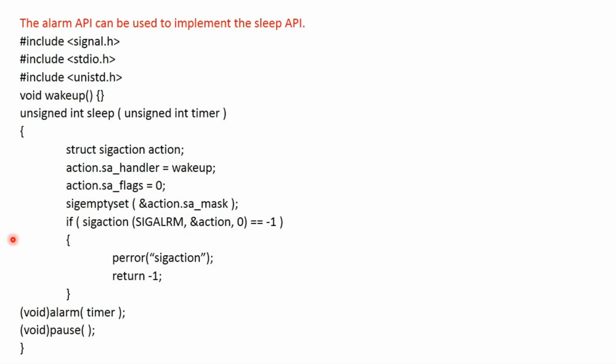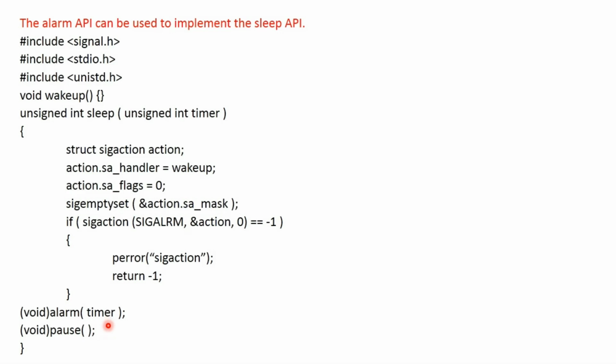After that we call the function sigemptyset just to clear the signals defined in the mask, the sa_mask signal mask. Then you call the sigaction API, which has the first argument SIGALRM and the action. The action has a handler function of wakeup and flag equal to 0, and the third argument will be 0.